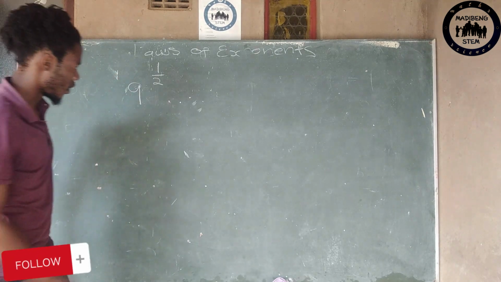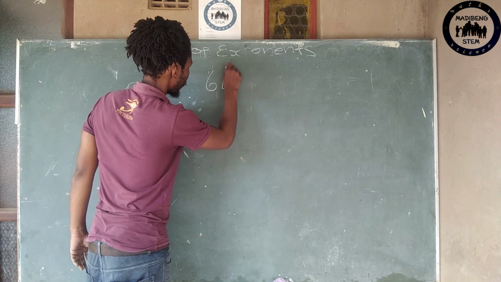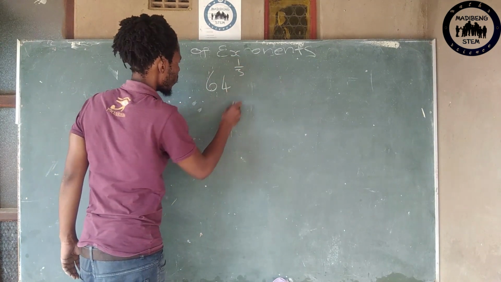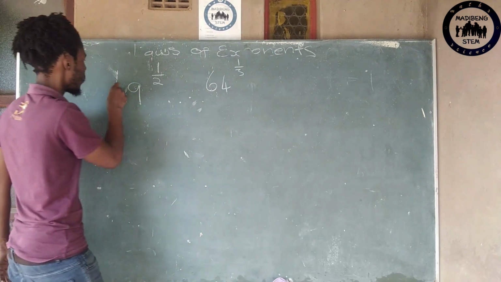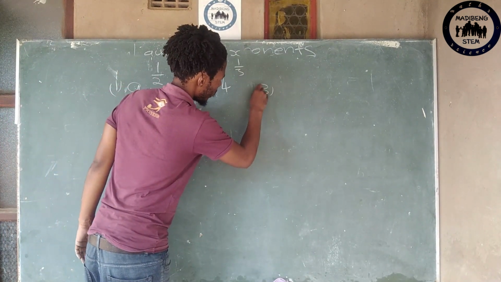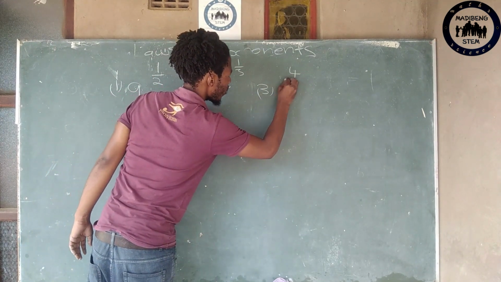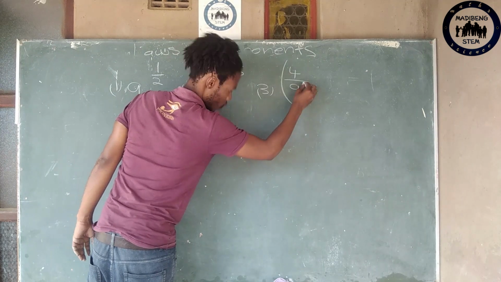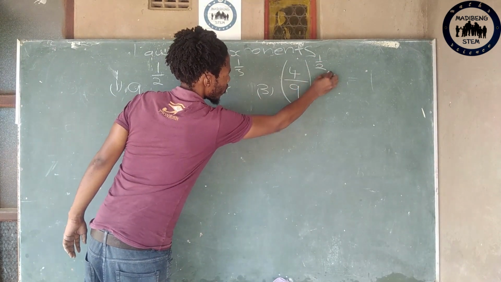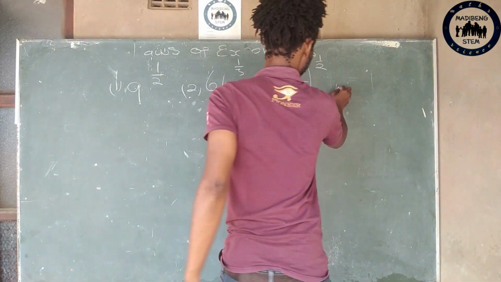Let's simplify this. Let me write them down. Simplify this. This is number 1. This is number 2. This is number 3. We simplify using laws of exponents.